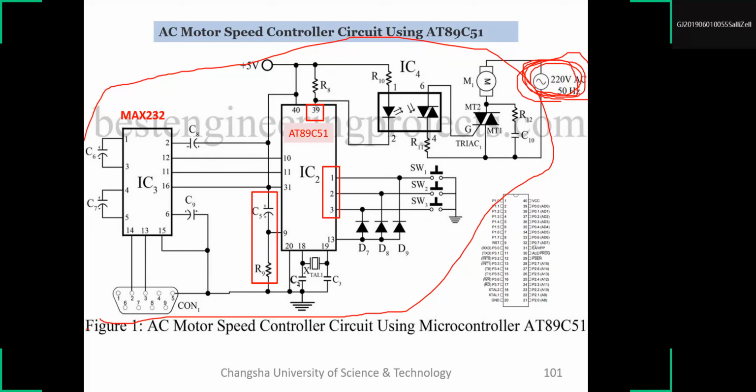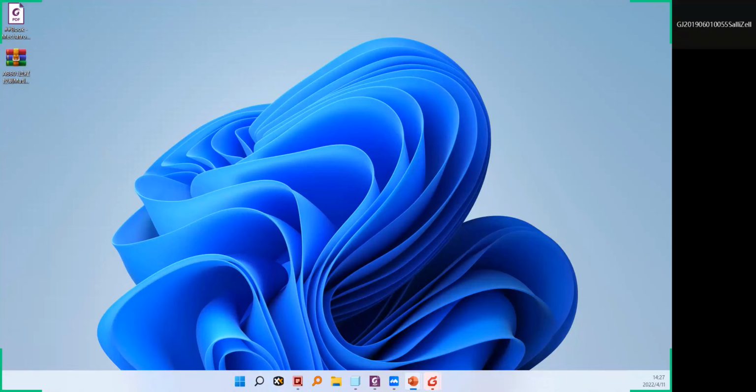Yes. So how can we do this? Is there another application we can use? How can we simulate this one? Is there another software, or it's okay? No need to simulate. I wanted to know if there's a software that has AC motors.